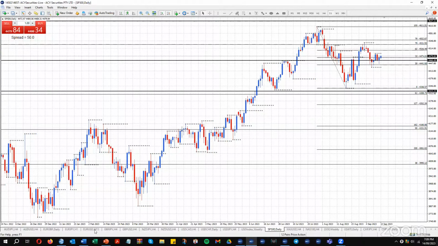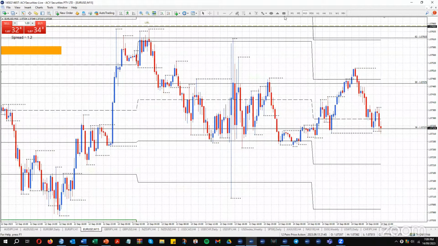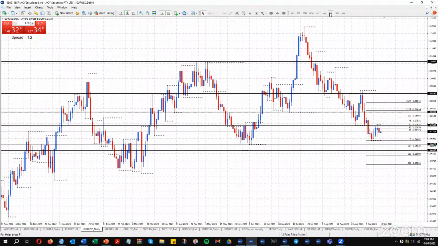All right, moving on. Let's get into euro dollar ahead of tonight's data. And we'll just go to the day charts. This fib just run across last week's range. Now, I'll just take that off for a moment. We're in a downtrend here. We've been coming up to retest broken support.